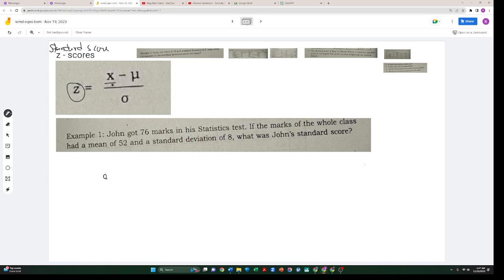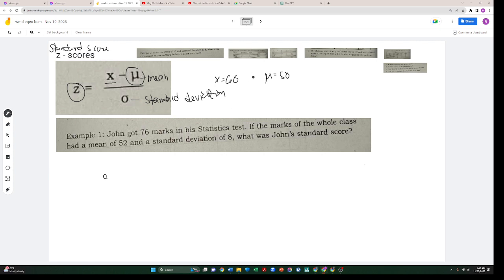Z-score, where X is your specific score, and you have the mean and here is your standard deviation. Okay? It means that, for example, if you have a mean of 50 and your score is 60, this is your score.